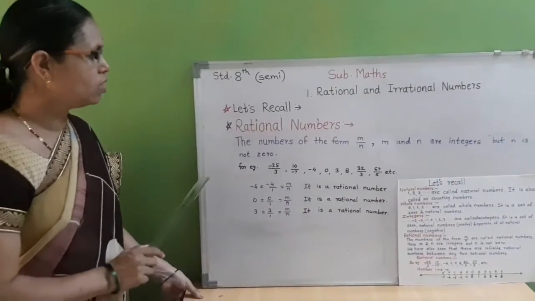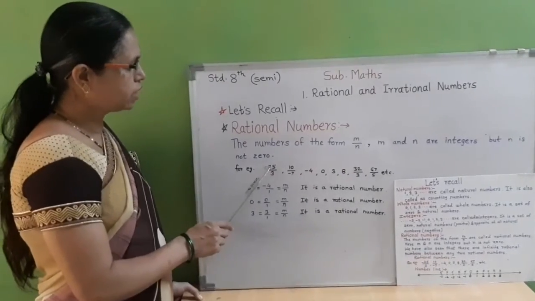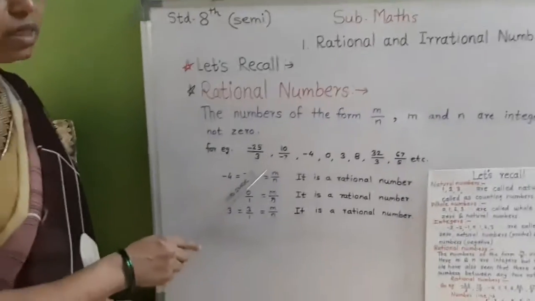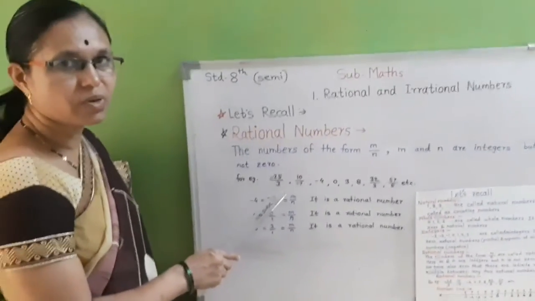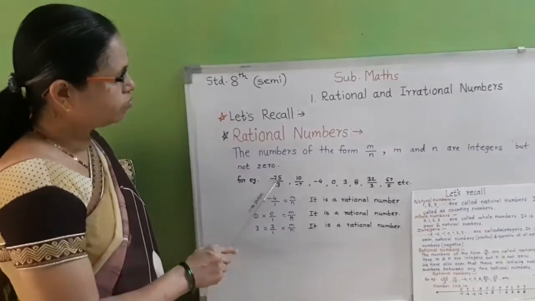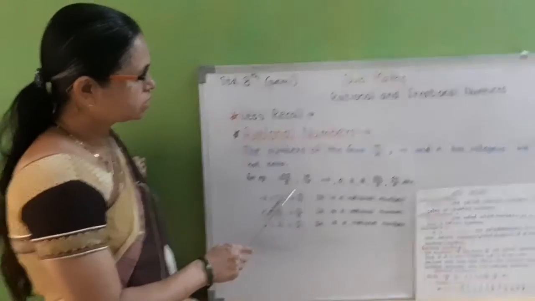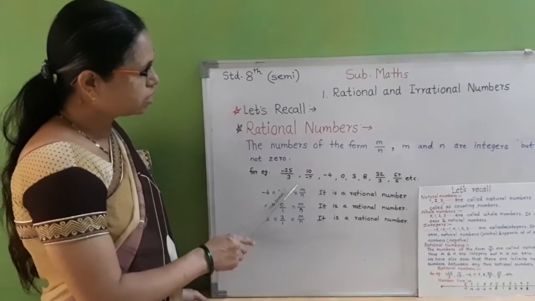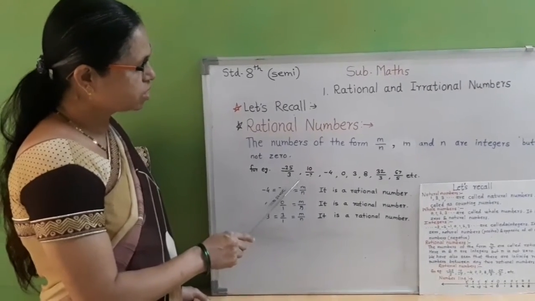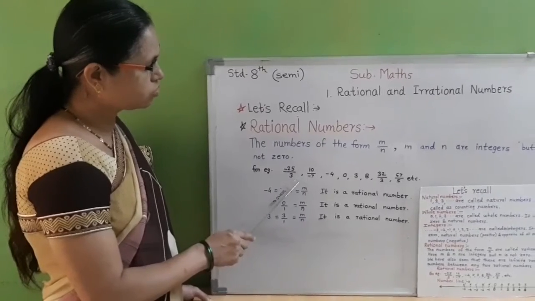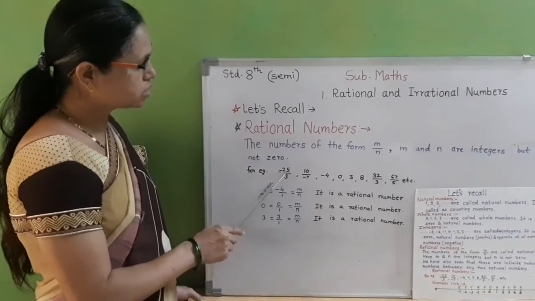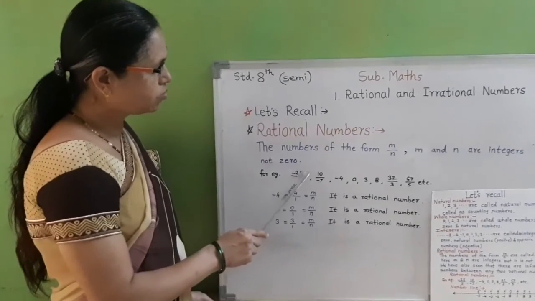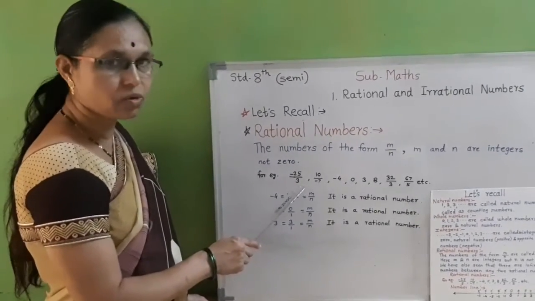For example, -25 by 3. This number is in the form of m by n. -25 and 3 are integers, and by definition n is not equal to 0, means denominator is not equal to 0. Here is negative sign, so -25 by 3 is a negative rational number.